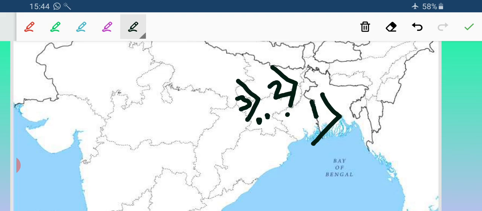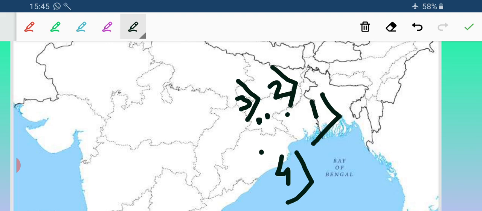Next, it's there in the state of Odisha, plotting number 4, that is Talcher. Plotting number 5, it is just below the Tropic of Cancer in the state of Chhattisgarh. Follow my words very clearly.